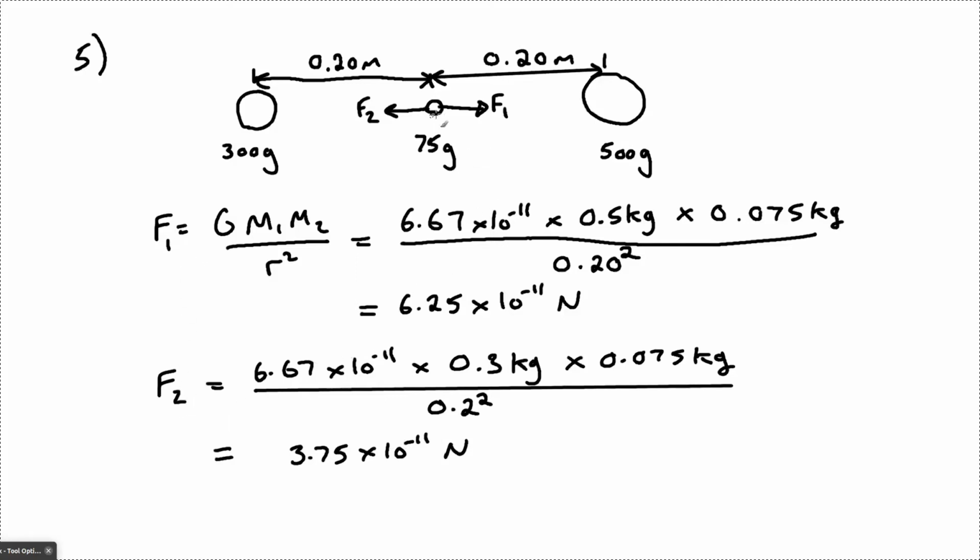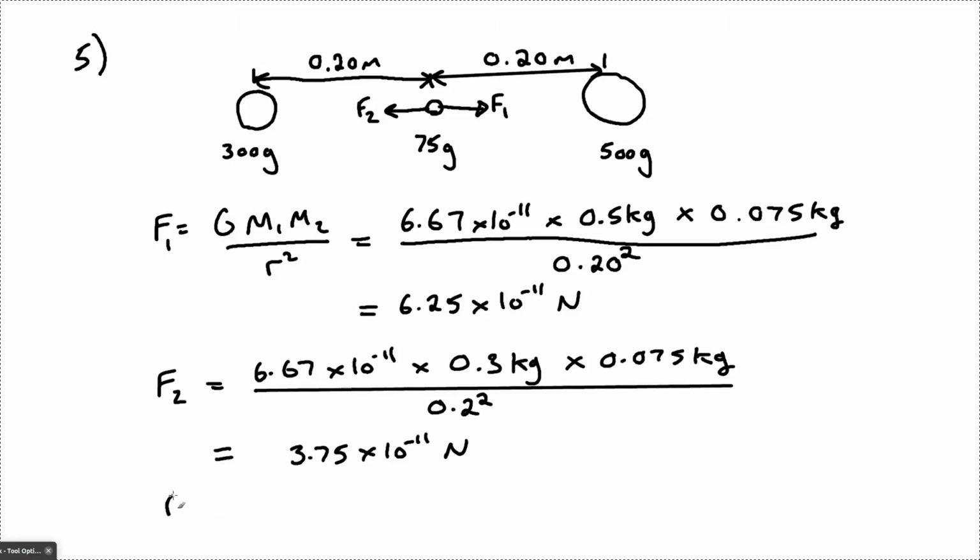So the resultant force on the 75 gram one is going to be, well, because these are in opposite directions, it's going to be the larger force there minus the smaller one. If the forces are in opposite directions, the resultant is just found by taking the smaller force from the larger one.